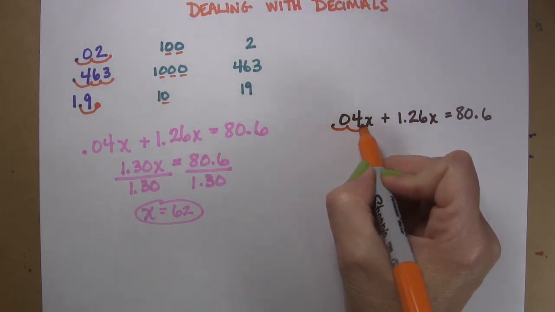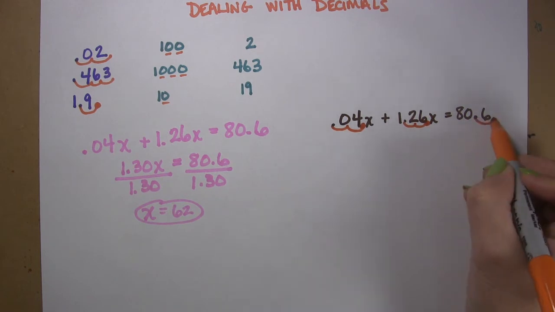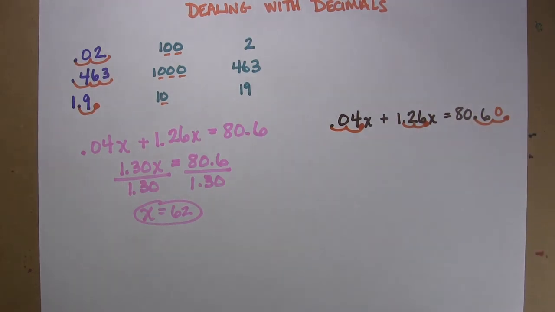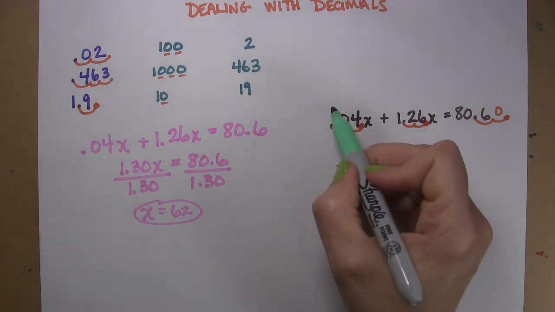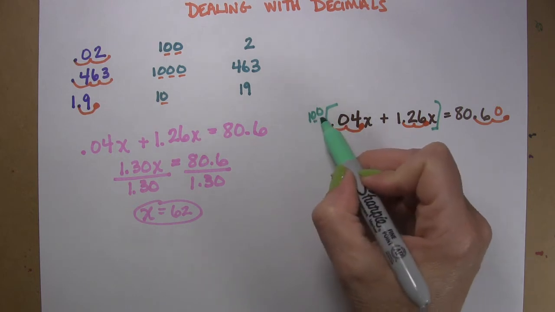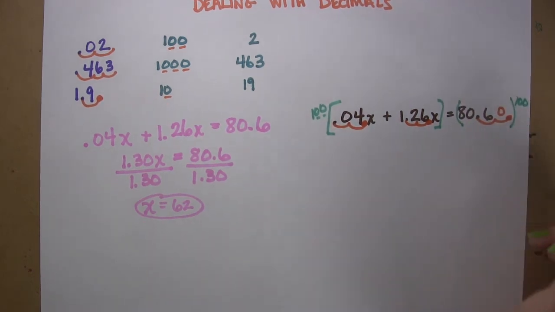If we moved this decimal 2 places, and this one 2 places, and this one 2 places, now we would have regular numbers to deal with, right? How do we accomplish that, moving those decimal points 2 places each? Well, we're going to accomplish that by multiplying both sides of the equation by 100, because 100 has 2 zeros, so that will be 2 decimal places.